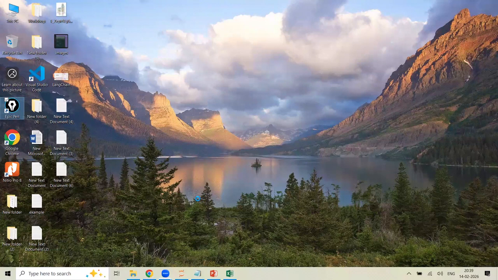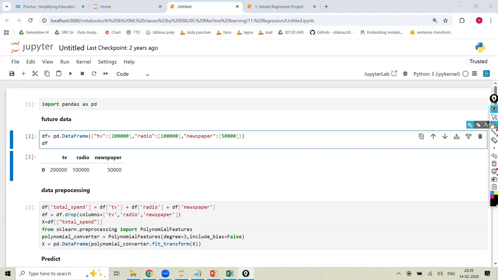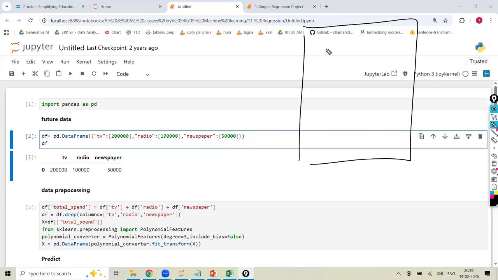In that case, we are going to do the deployment. That is a different project now. What is the project about? Your business problem is what? So now in the deployment, we are going to let the user enter the values TV, radio, newspaper.